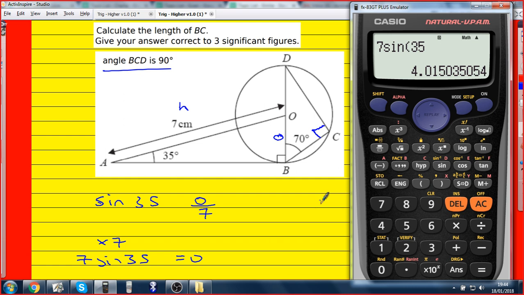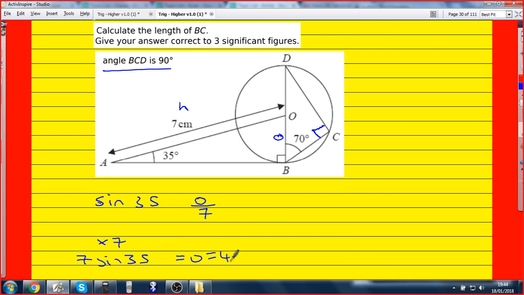So that's 3 sig fig. We always have to do it to 2 more than we need for the working out, and we only round at the very end. So what would this be to? 4.0150. Yeah. So that's 4.0150. Okay.